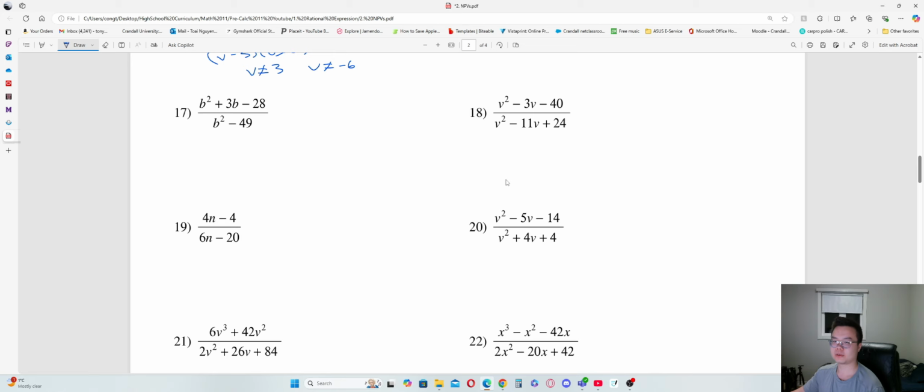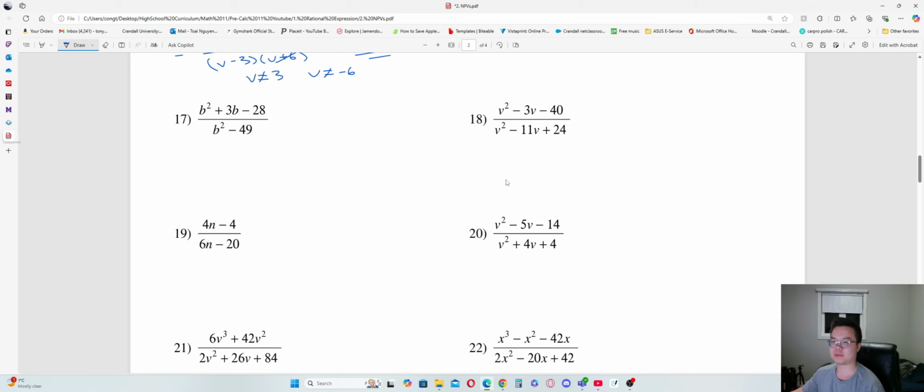Now question 17. Now we have inspection on the numerator, but difference of squares in the denominator. Remember, difference of squares is where we have a first term and a second term that are perfect squares, but we do not have the middle term. But also another way to know is we have the negative sign. That's how we can confirm we have a difference of squares. So let's factor the top one first.